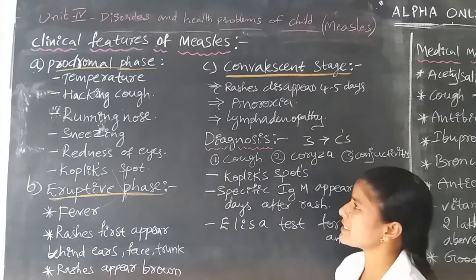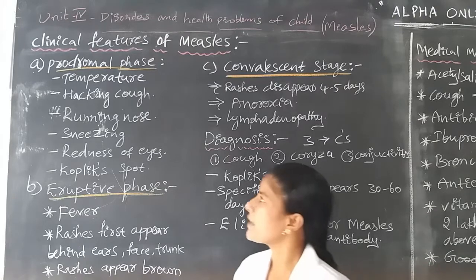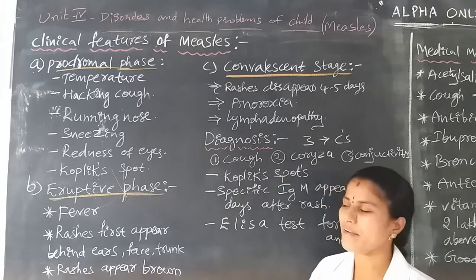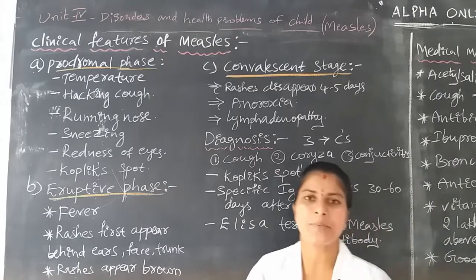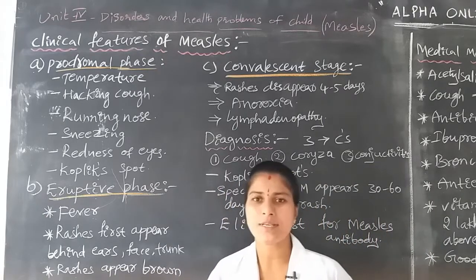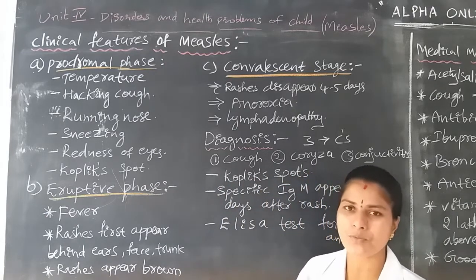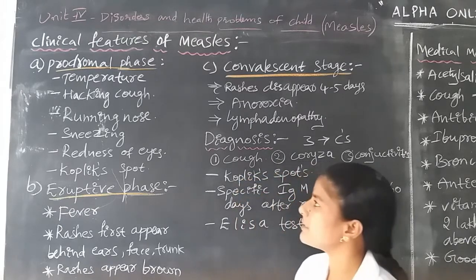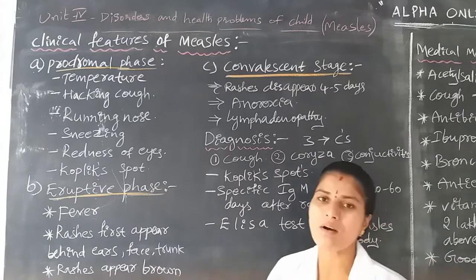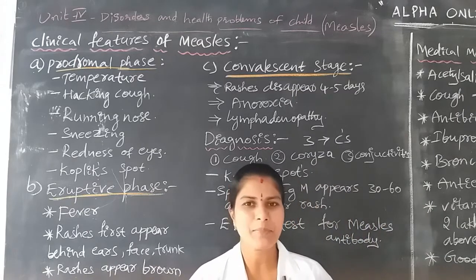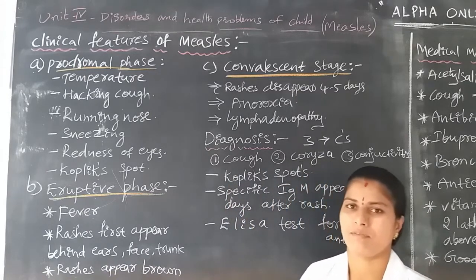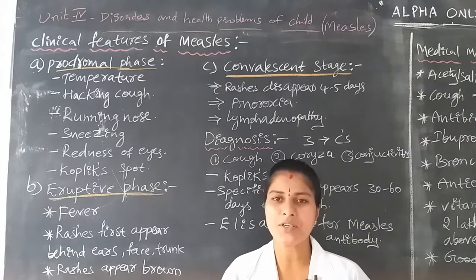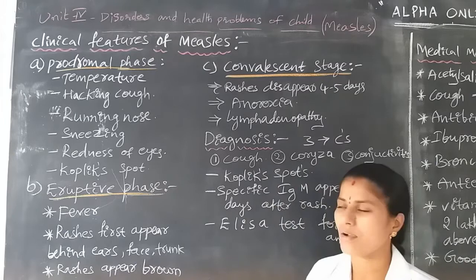In the first stage, the temperature is raised. Children affected by this communicable disease have a body temperature higher than normal. Next, hawking cough, which means frequent, continuous cough.